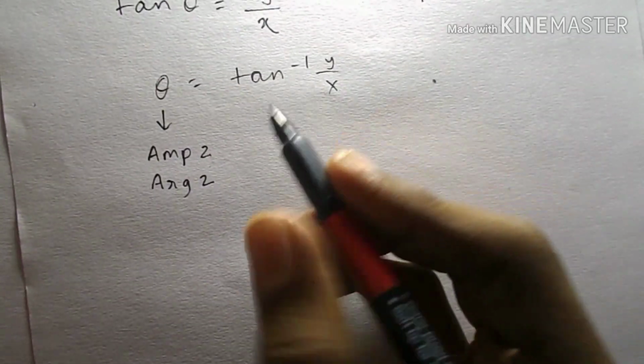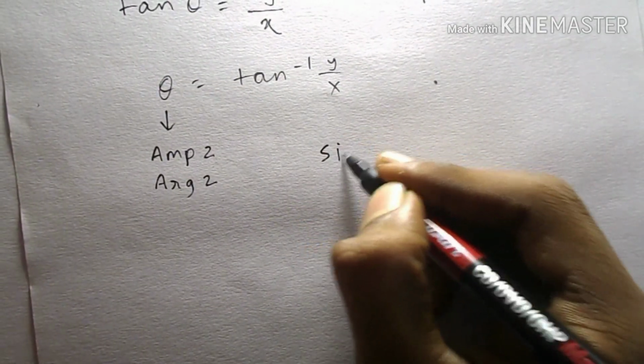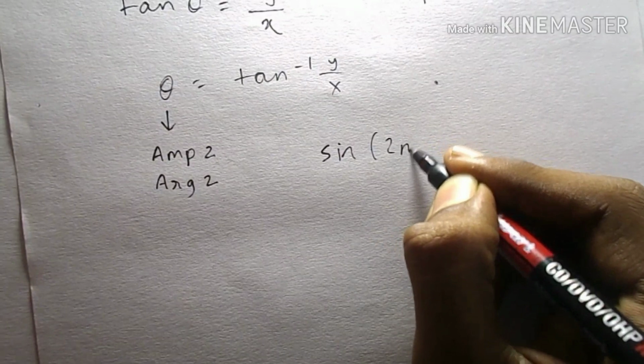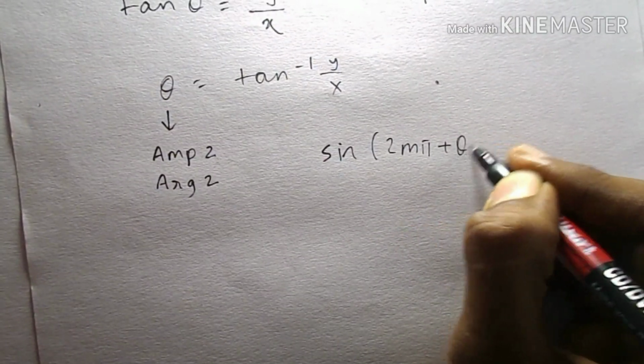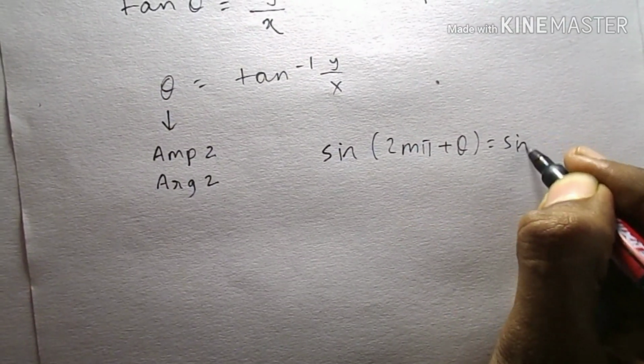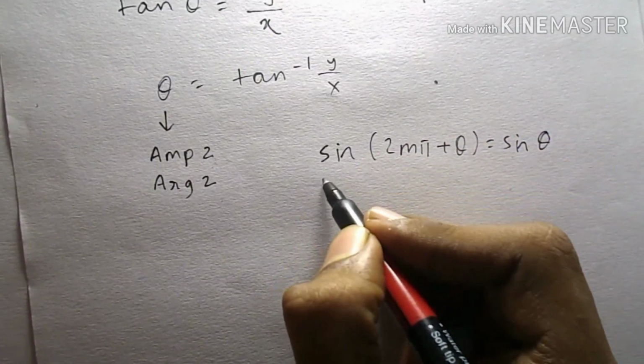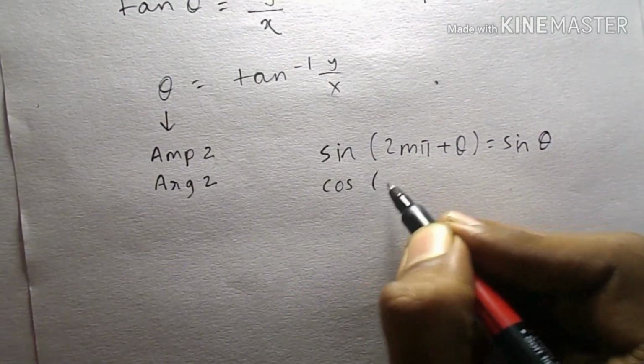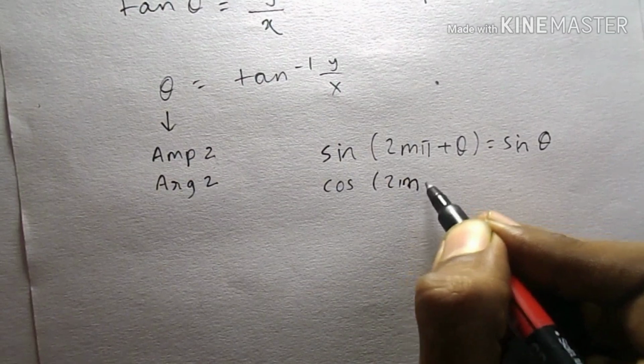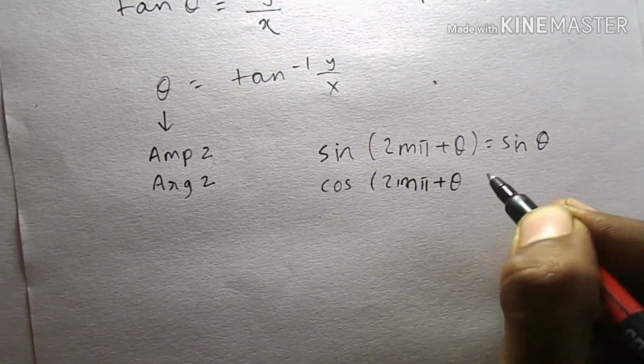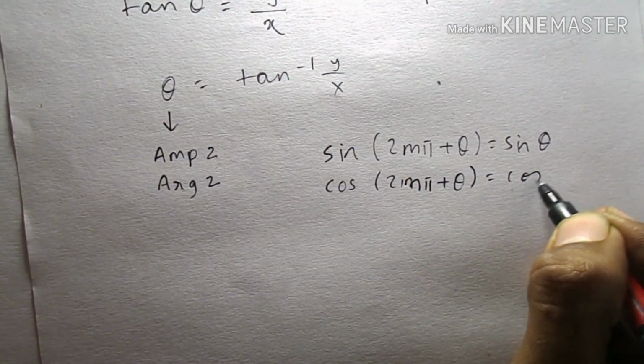Now from trigonometry we know that sine of 2nπ plus theta is equal to sine theta, where n is an integer. Similarly, cosine of 2nπ plus theta is equal to cosine theta.